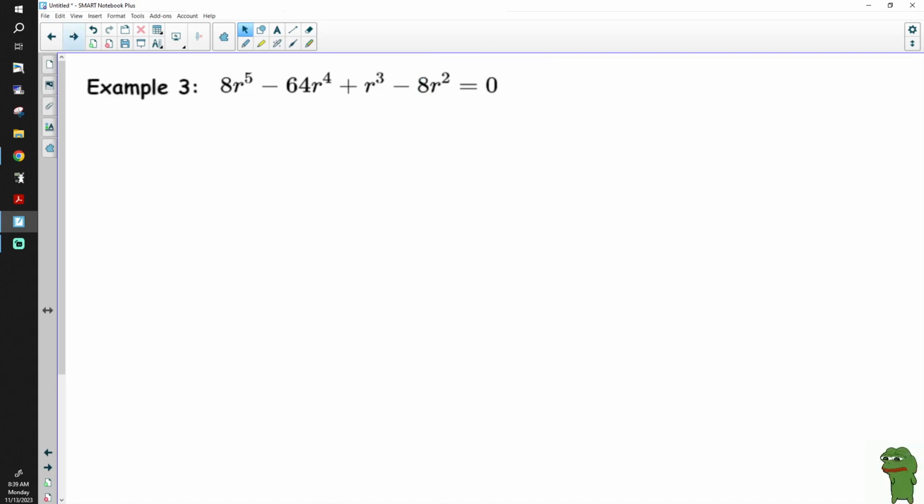Move them up, find your GCF, take it out. Bigger number.